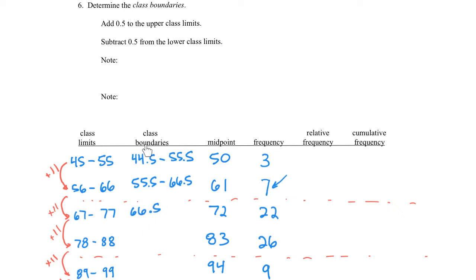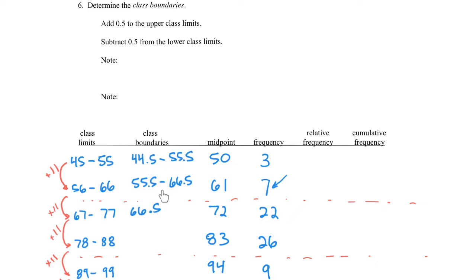Well, the class boundaries, the reason we do this is because we want to make sure that none of our data points land on one of these lines when we make a histogram. And putting this 0.5 guarantees that it won't, because if you look at all of our data, all of our numbers there in that set of 70 numbers, they're integers. There's no decimal points.